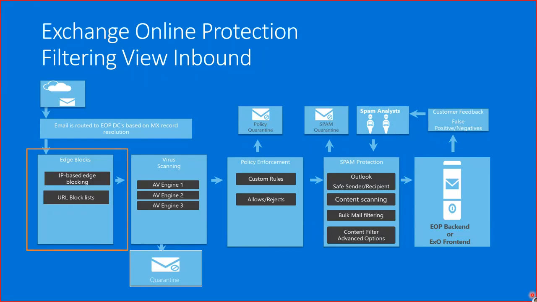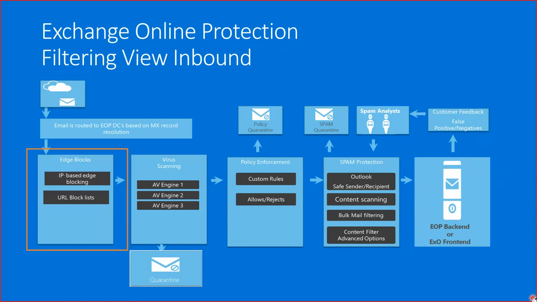For this specific reason, we eventually came up with the enhanced filtering option, which we'll discuss in an upcoming slide, to get around this problem. Initially, when we received email from the internet, we would see the source IP address and could determine the reputation of the IP and do all the other checks.